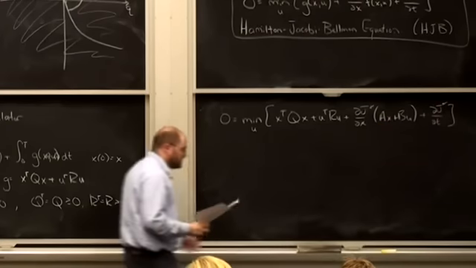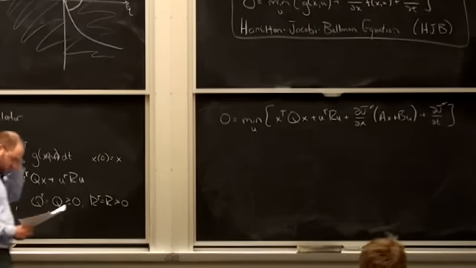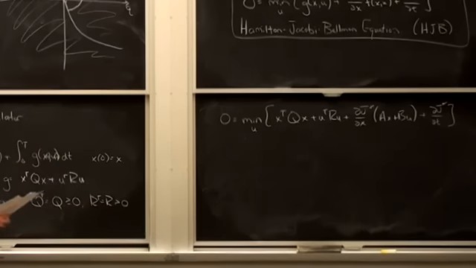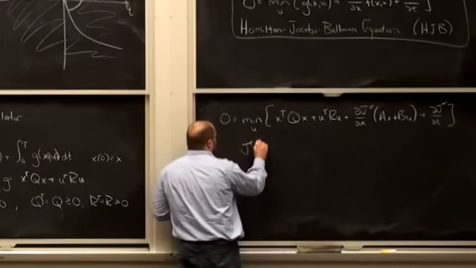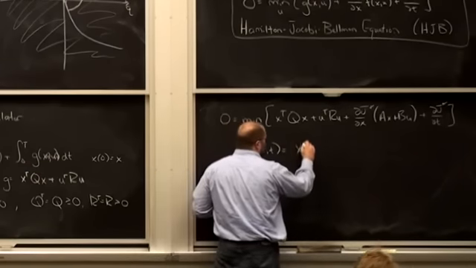That had better equal 0. So I need to find that cost-to-go function which makes this thing 0. Okay. Turns out the solution to these things, we can just guess a form for J. Let's guess that J star(x, t) is also quadratic.